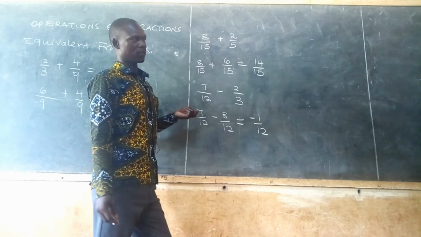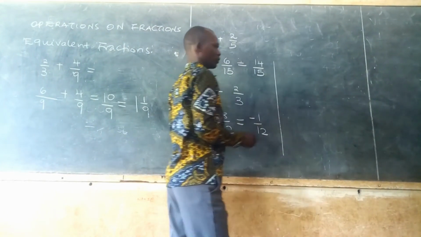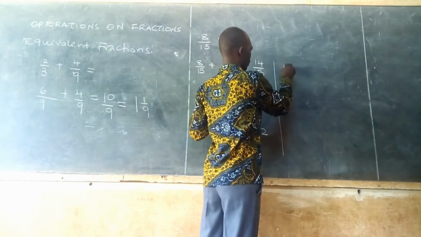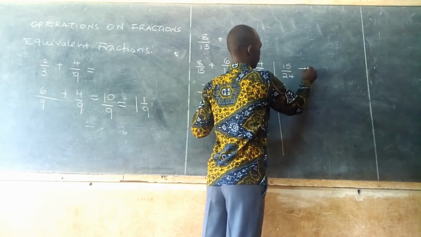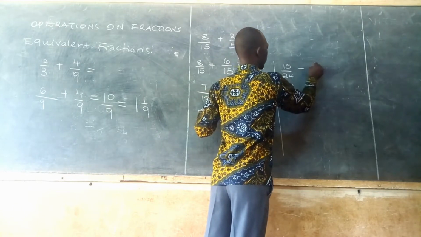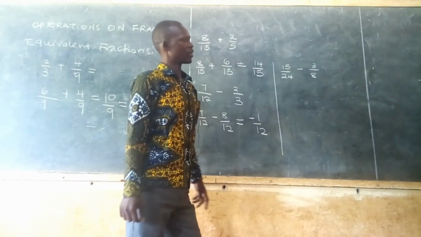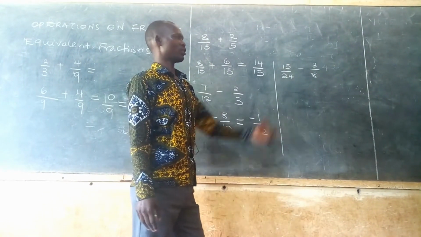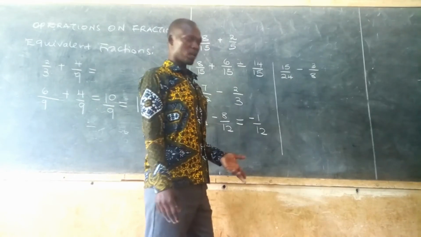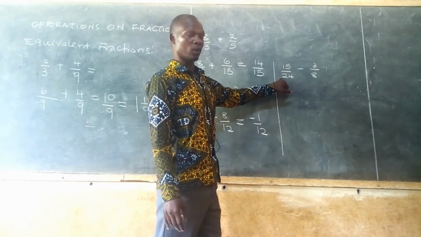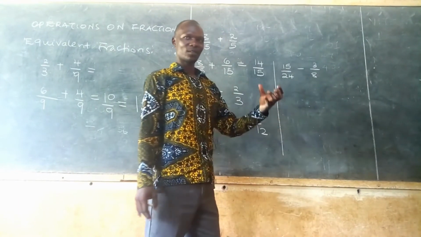The final example I want to give you is the same. Maybe now I ask you, what is 15 over 24 minus 3 over 8? Again, when I check, I discover that 24 happens to be a multiple of 8. So what do I do? I say 24 divided by 8. My answer is 3.